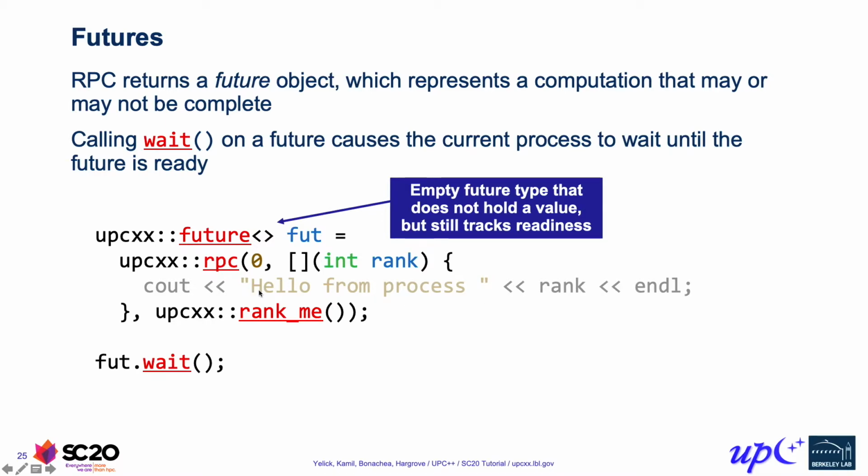However, we have a void return, so we actually have an empty future as a result. Because this is empty, this future doesn't track a value, but it still does track the completion of that operation.